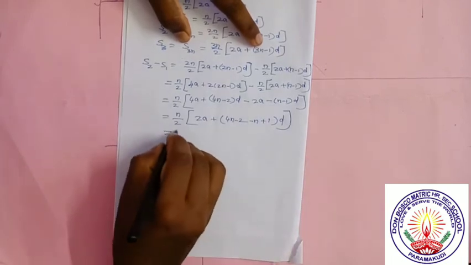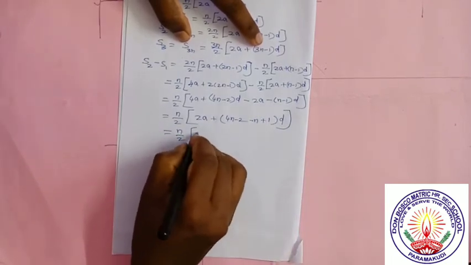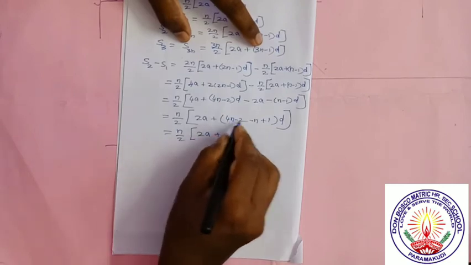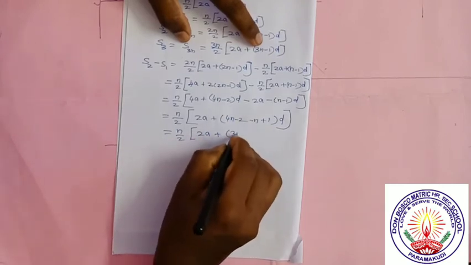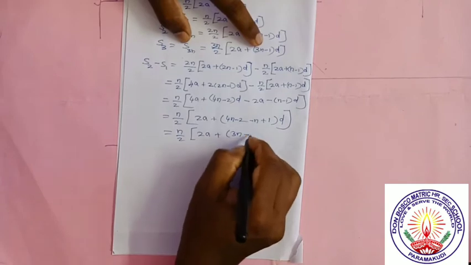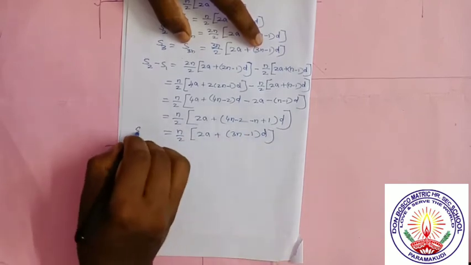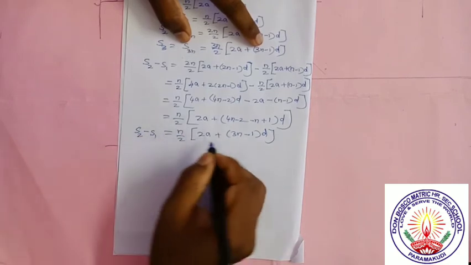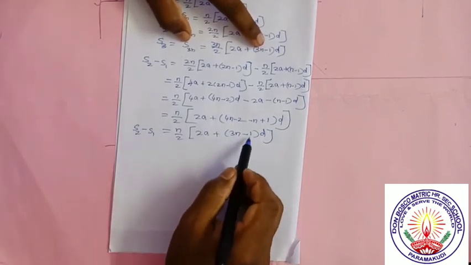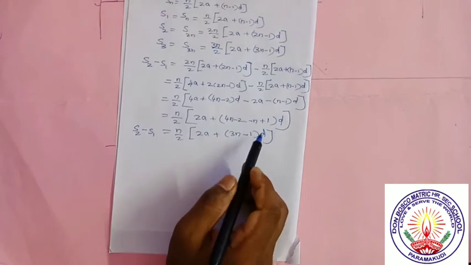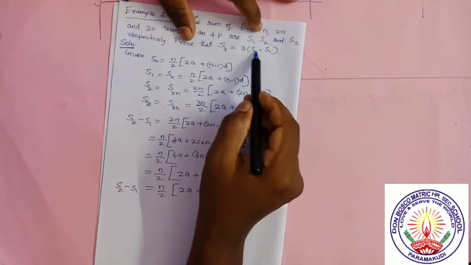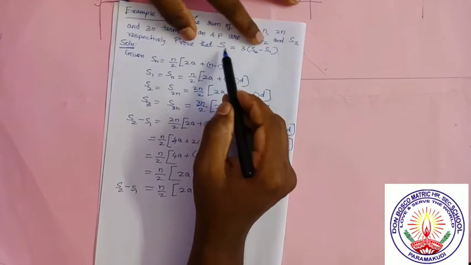Now simplify: n by 2 into 2a plus, 4n minus n is equal to 3n, minus 2 plus 1 is equal to minus 1, into d. So this is S2 minus S1. Now look at 2a plus 3n minus 1 into d. But what we have to prove? 3 into S2 minus S1 is equal to S3.